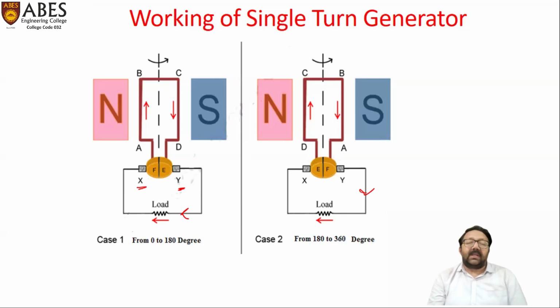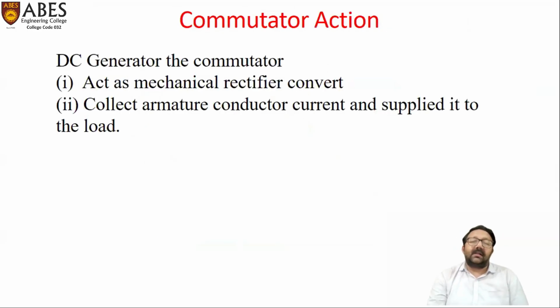So in practical machines, the brushes and split rings are replaced with a commutator and brush, and we are able to maintain a unidirectional flow of current. So this is the working of a single turn generator. In practical machines, the commutator helps us in the following manner.